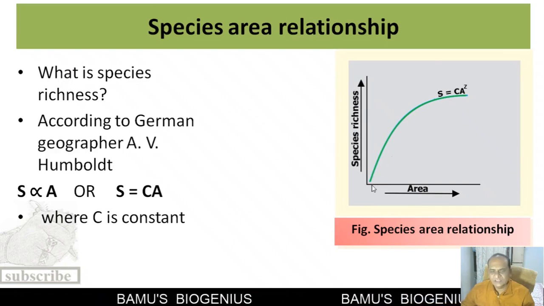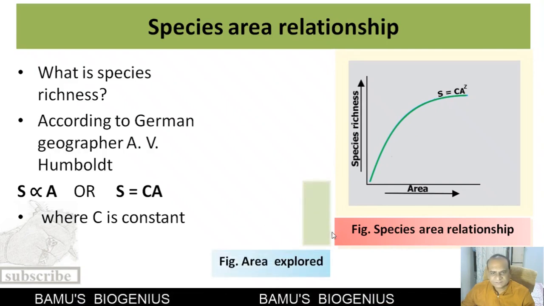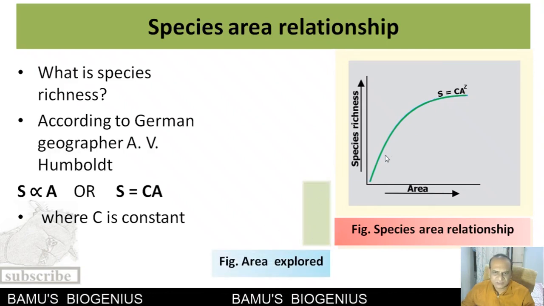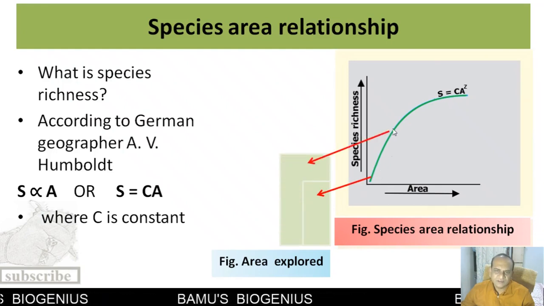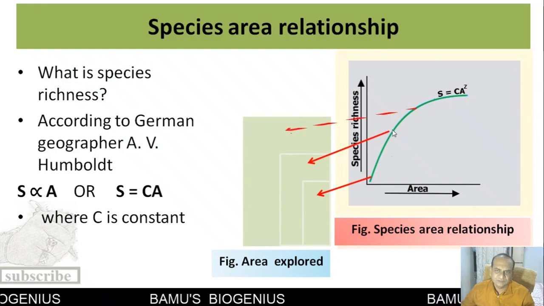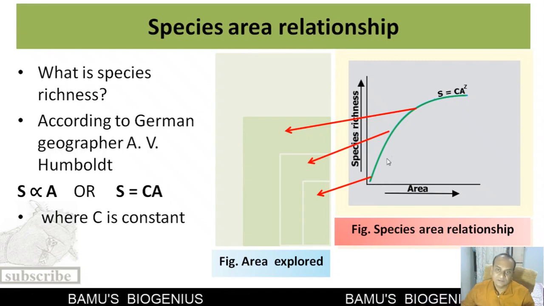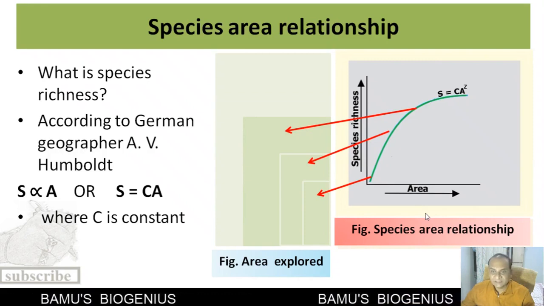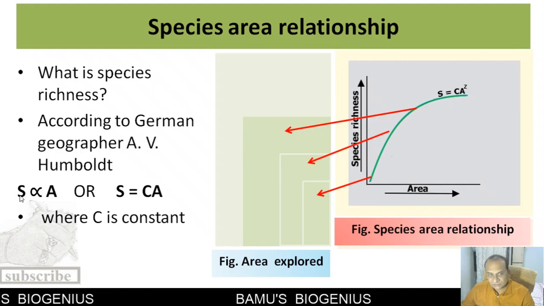This curve is known as an inverted rectangular hyperbola. Now you can see here, as the area explored increased, gradually the number of species also increased. So he observed such a trend, and he made a graph. This is known as a species area relationship graph, where he observed that as area increases, the species richness also increases.